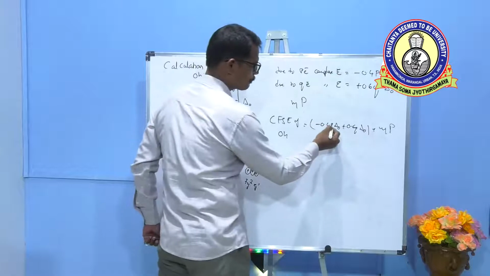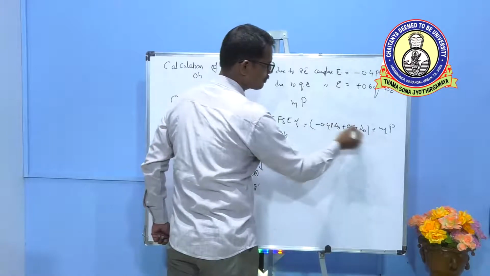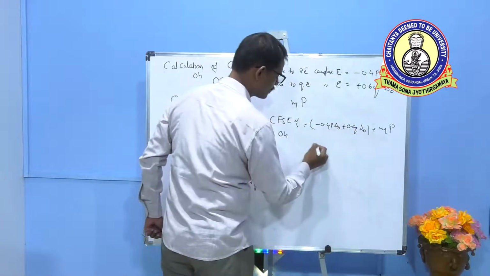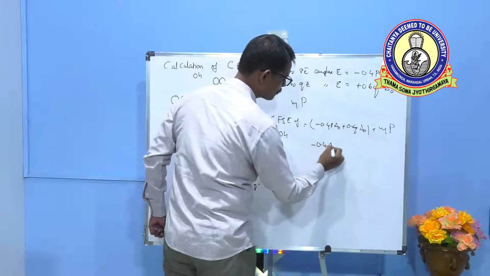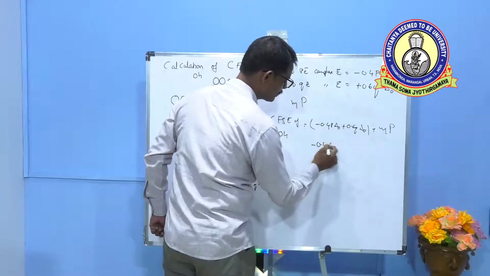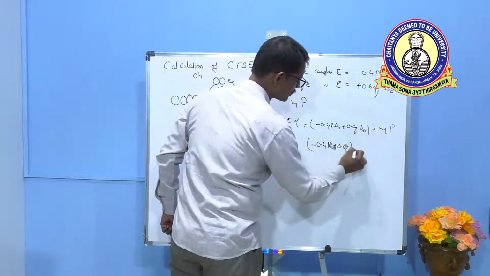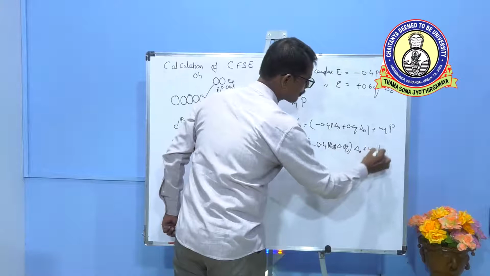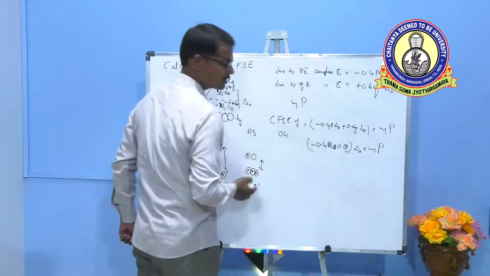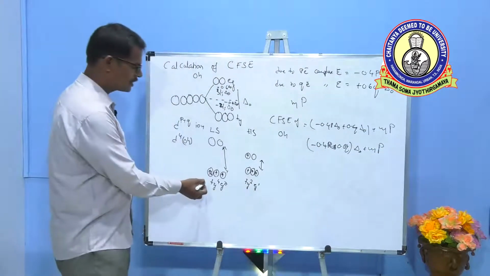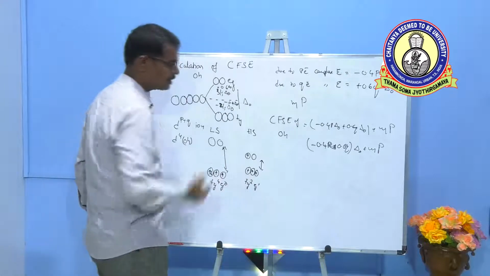Delta O is common, so finally CFSE equals (minus 0.4 p plus 0.6 q) delta O plus mP. So based on this formula, we can calculate CFSE in low spin and CFSE in high spin.